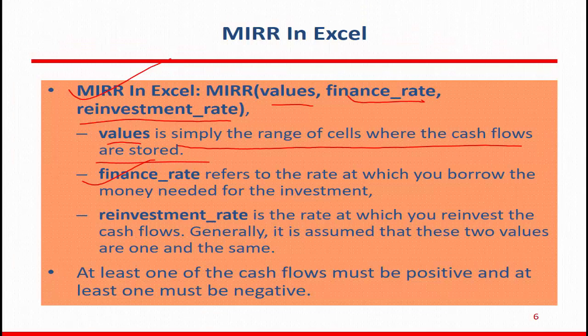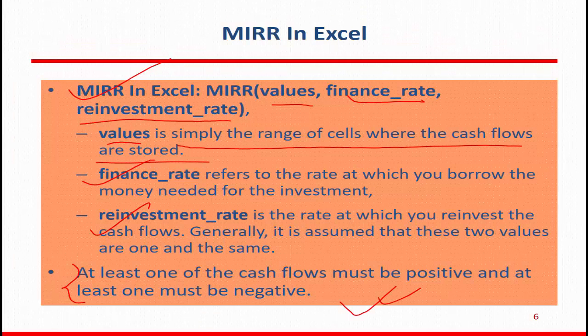Finance rate is the interest rate that you have to pay for your borrowed money. And reinvestment rate is the rate you can get if you reinvest your future cash flows. And keep in mind again, when you use MIRR, at least one, and mostly the cash flow in year 0, should always be negative. Keep this in mind.